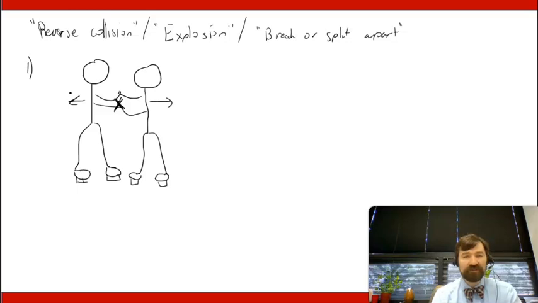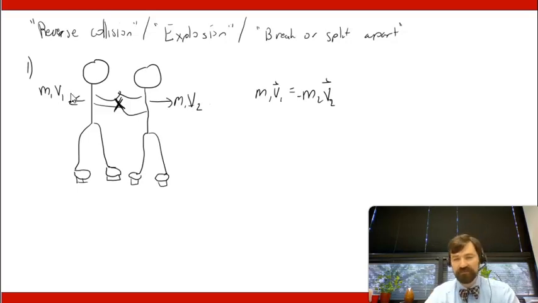All the forces here are basically internal, and so as long as you don't have substantial friction, this center of mass will remain right here, and this skater will go off with some V2, this one with V1, such that M1 times V1 equals M2 times V2, just in opposite directions. So we might put a minus sign and some vector symbols over them. I've already discussed that particular problem before. This would be the break or split apart kind of problem.